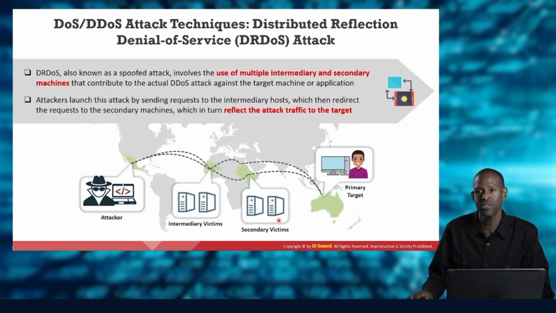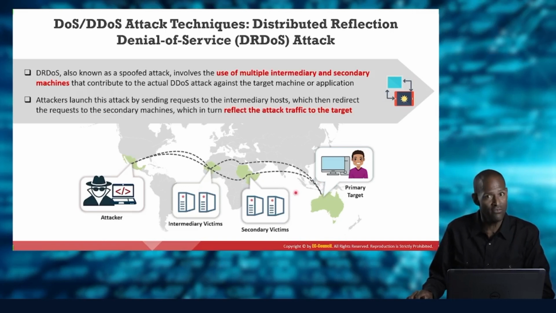But yet there are others, like distributed reflection denial of service attack, where we not only attack a primary target, but we use intermediary victims, installing software on these intermediary victims to attack that target. And so it reflects all the traffic.